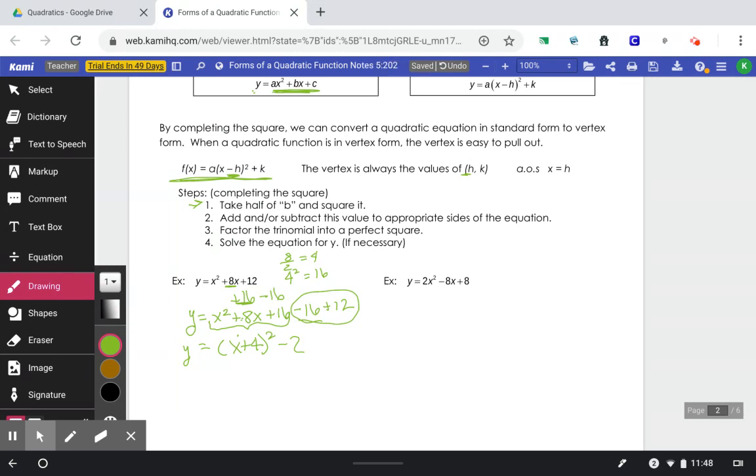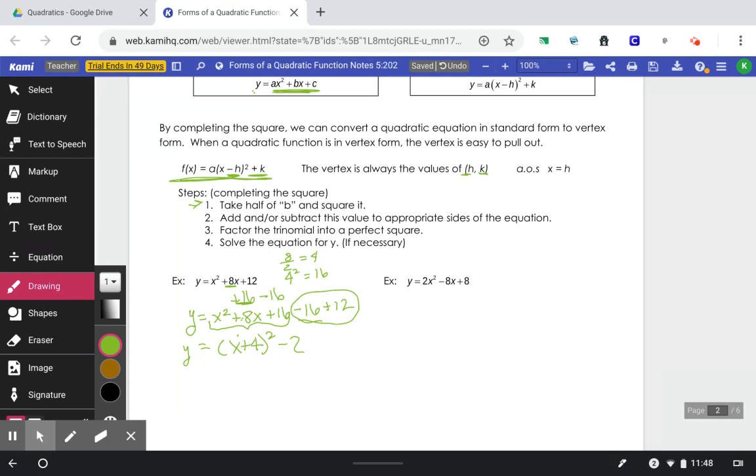You want to think negative h. That is going to be the x coordinate of your vertex. Then your k value is always the y value of your vertex.